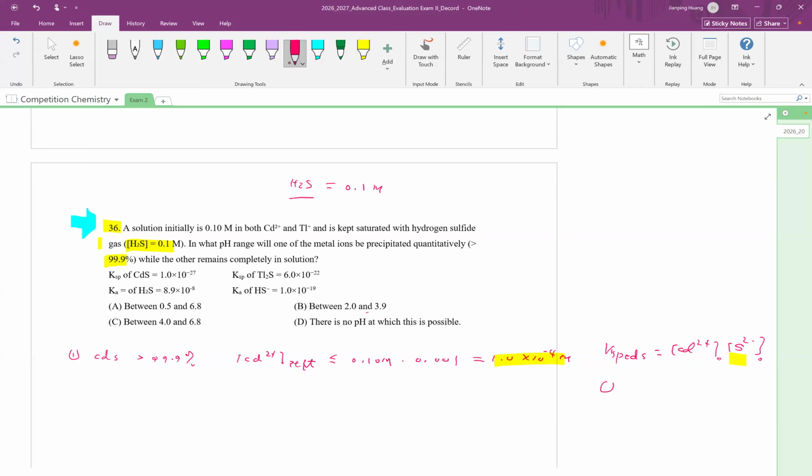So QSP equal to KSP. So you want this one to be greater, because you want this one less than this amount, so that QSP equals KSP.